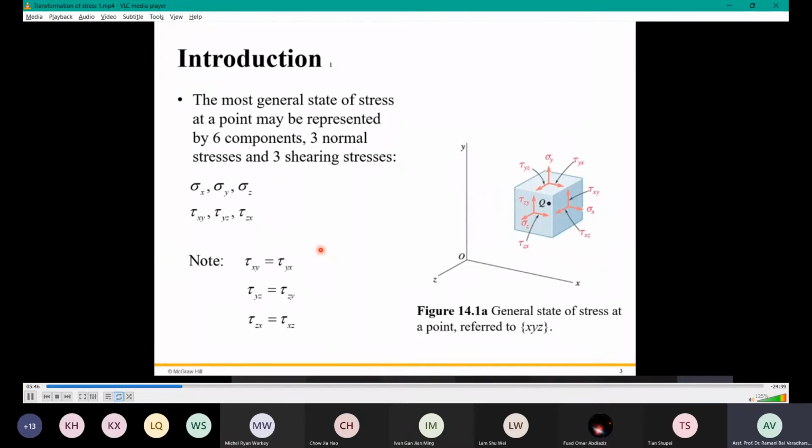From the examination point of view, I will ask you to construct the Mohr circle, and there are two types of stresses I already initiated, normal stress and shear stress. This time, I will ask you to plot only for normal stress. Shear stress, I am sure you will repeat the same Mohr circle in geotechnical engineering, because they are the ones designing for shear, most important for a geotechnical engineer.